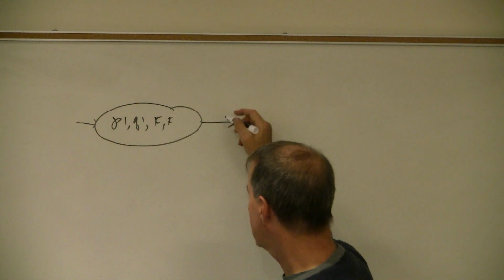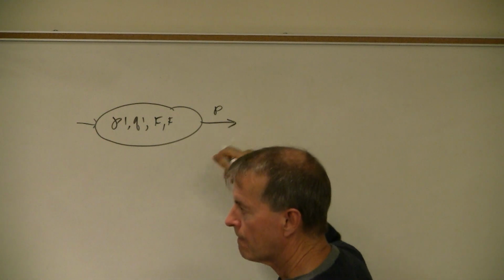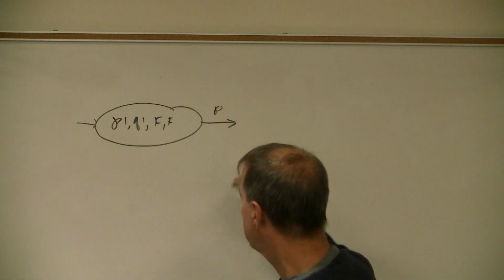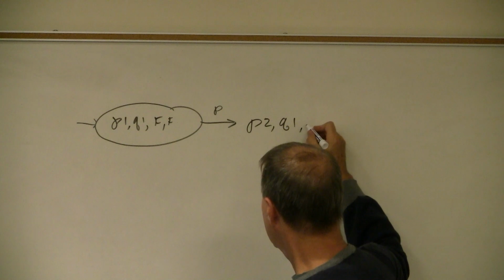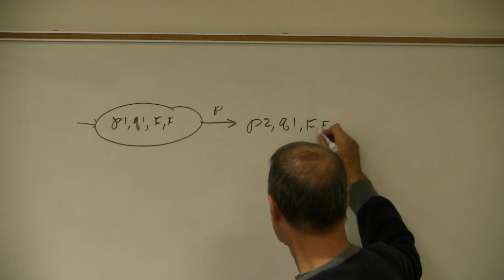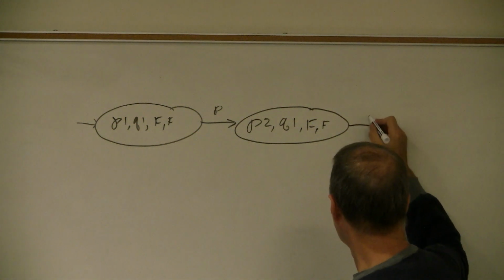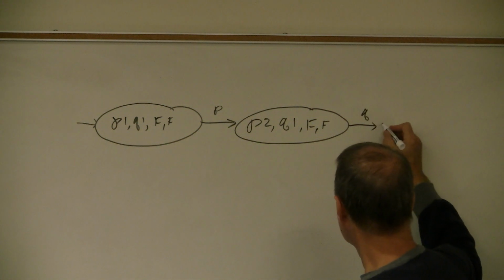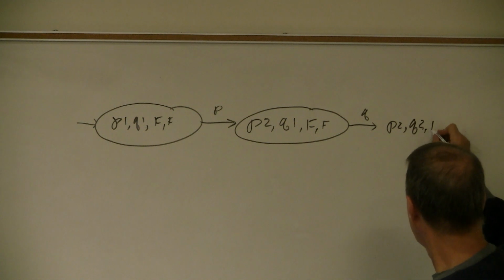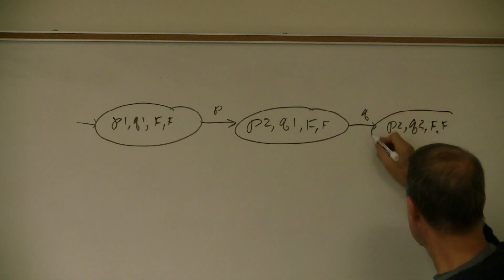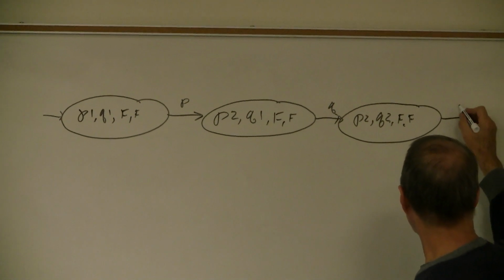Can you see how that happens? If P executes, what do we go to? P2, Q1, false, false. Then if Q executes, what do we go to? P2, Q2, false, false is right. And then if P executes, what do we go to?